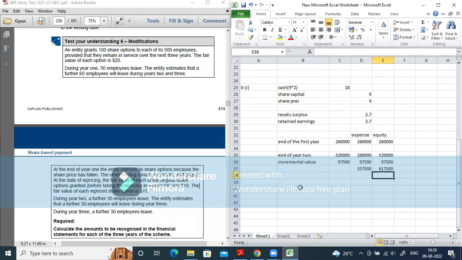Now, end of year 3. So it will be first 500 minus 50 minus 30 minus 30.